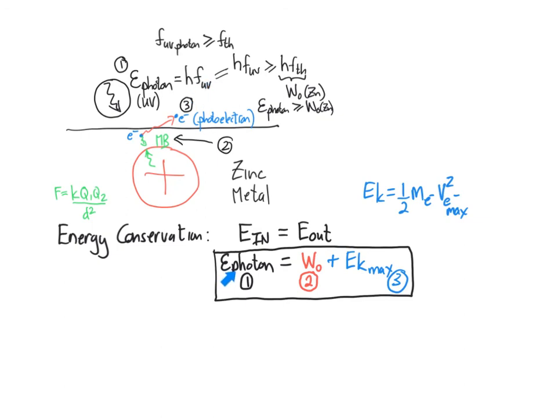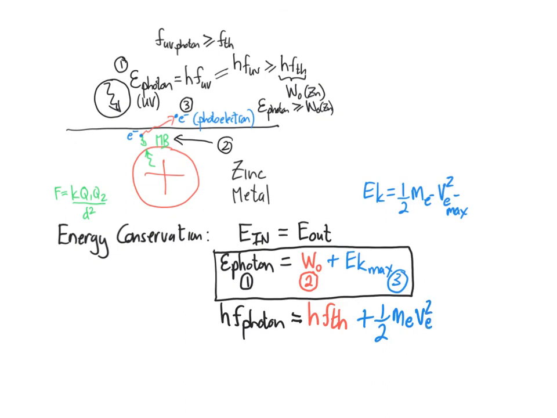So I'm going to replace this term with h times the frequency of the photon, which then equals the work function, which we can replace with h times the threshold frequency, plus the kinetic energy, which we can replace with a half the mass of an electron, and all electrons have the same mass, times the velocity squared of the electron.